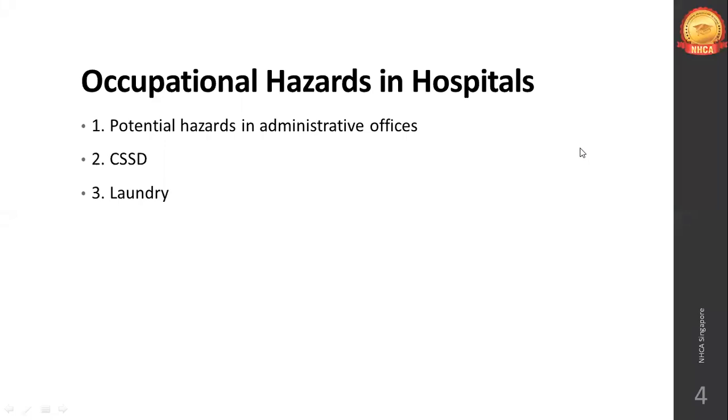Heat stroke can happen in the laundry department as well, where calendering and drying take place. The temperature in that area is very high, so employees who work there continuously may get heat stress or heat stroke. They have to be very careful.